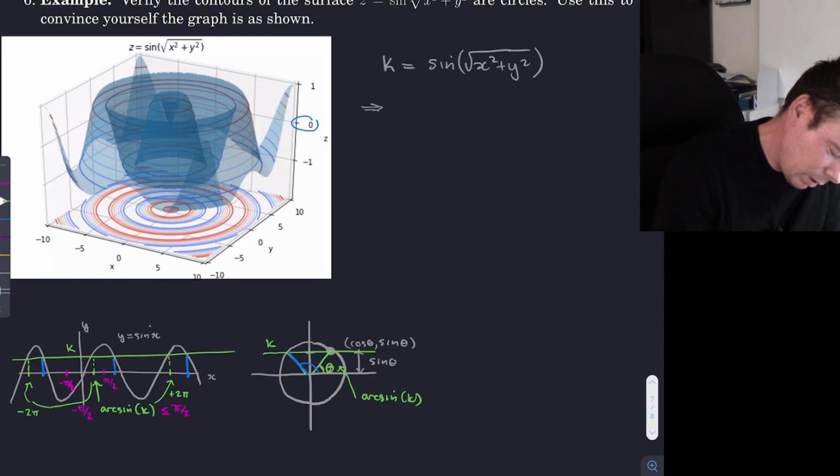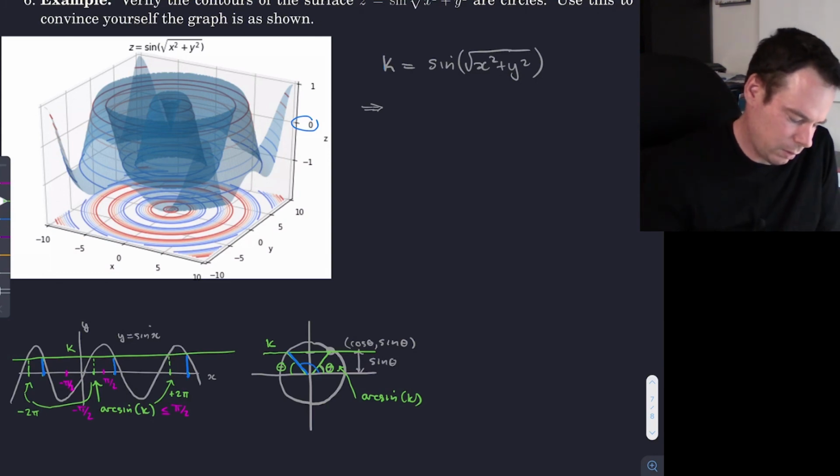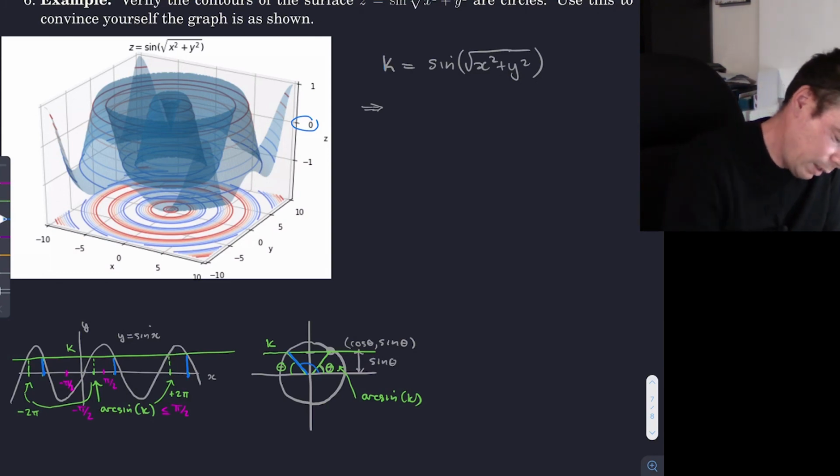How do I get that one? Well, it's a little bit easier to see from this diagram, because that is going to be that same angle theta, or arcsine of k. So that blue angle there is pi minus that angle theta, which is arcsine of k. For some reason my pen just stopped working.